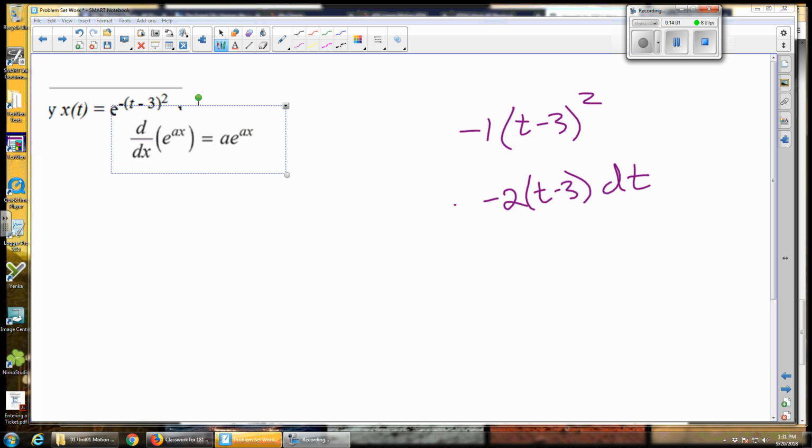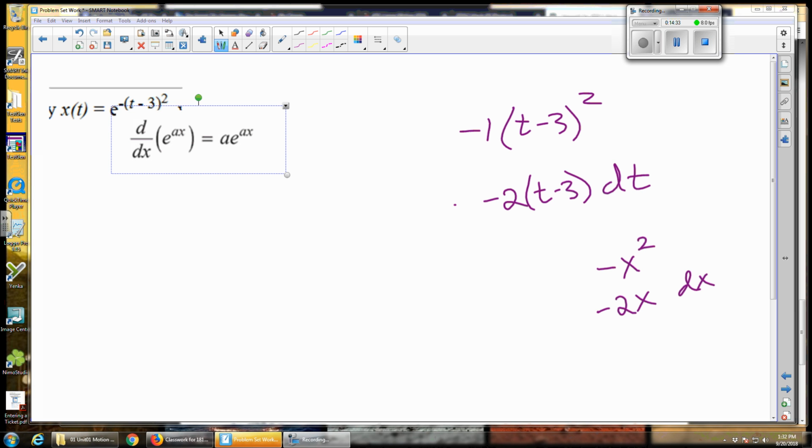It's like if this was negative x squared, right? The derivative of that would be negative 2x, and then the dx is actually the derivative of x. So here, I see how I kept the x. Here, I kept the t minus 3 because it's like the x. It just happens that the derivative of the variable, which is t minus 3, is dt.